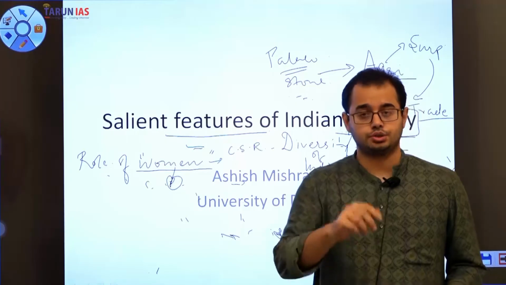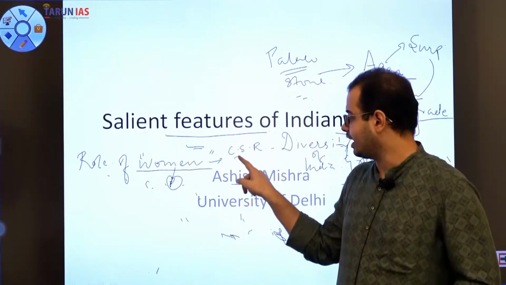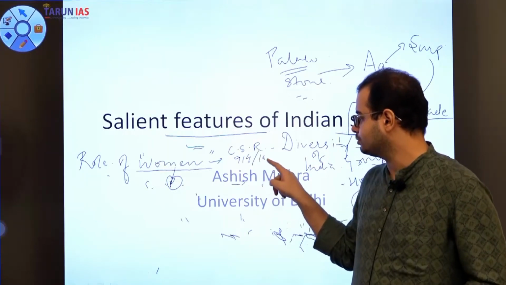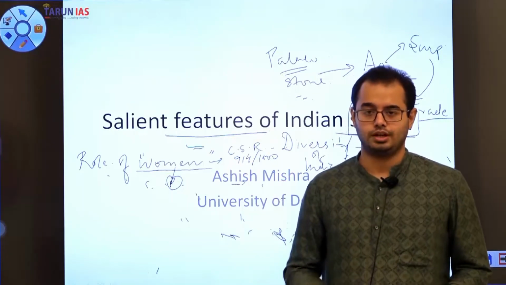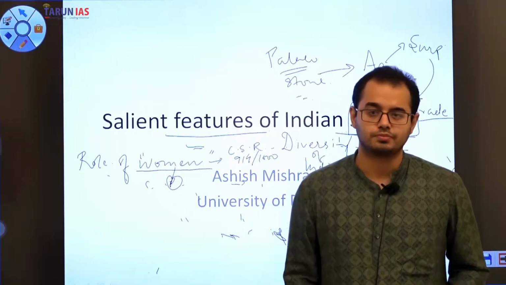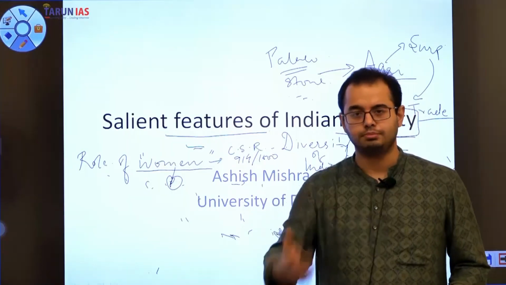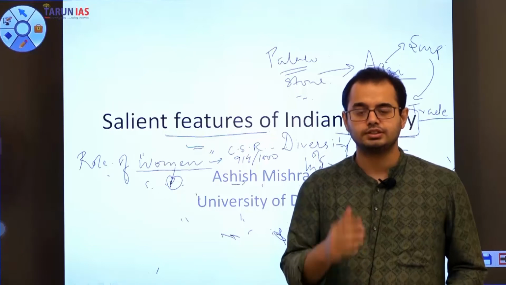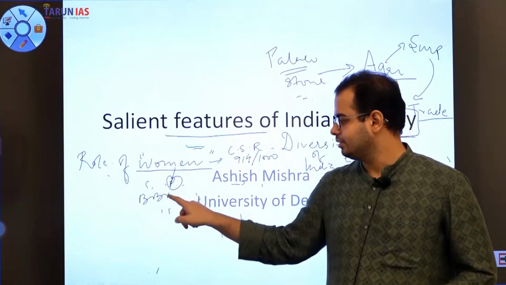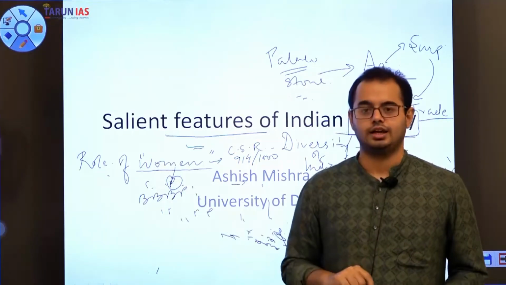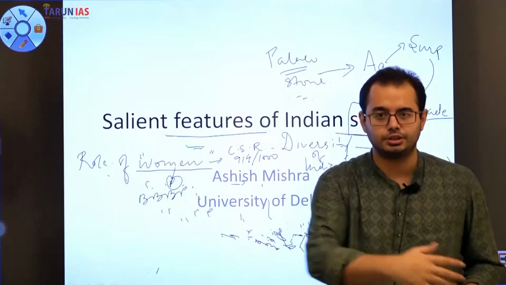The child sex ratio in India is going abysmally down. It is 914 per thousand births. This is a very glaring situation. Now, what does government intervention do here? For example, you all have heard about Beti Bachao and Beti Padhao. That is the intervention at birth, that is, to arrest prenatal sex determination.